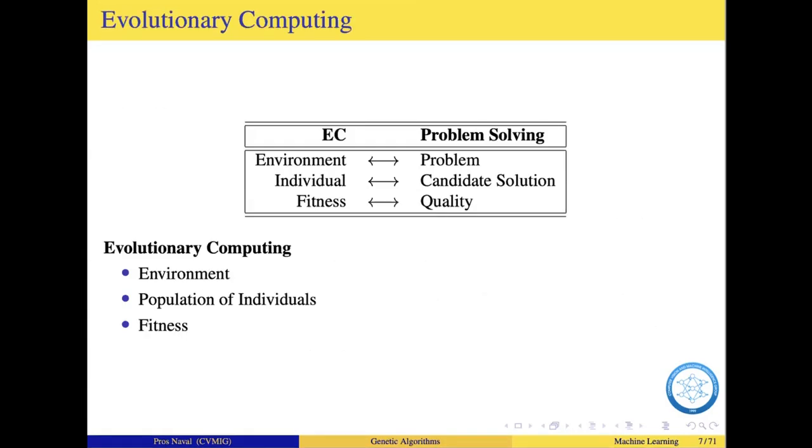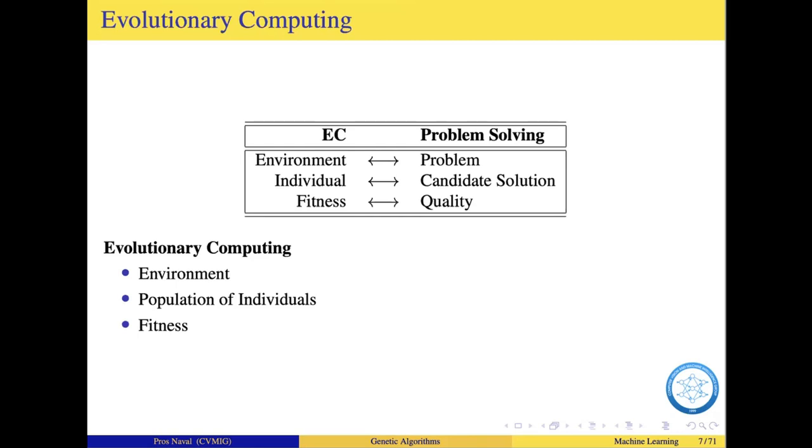The elements of an evolutionary computation algorithm are the following. There are three of them. First is your environment. Second, your population of individuals. And third, your fitness. So, in evolutionary computing, you have these three elements.